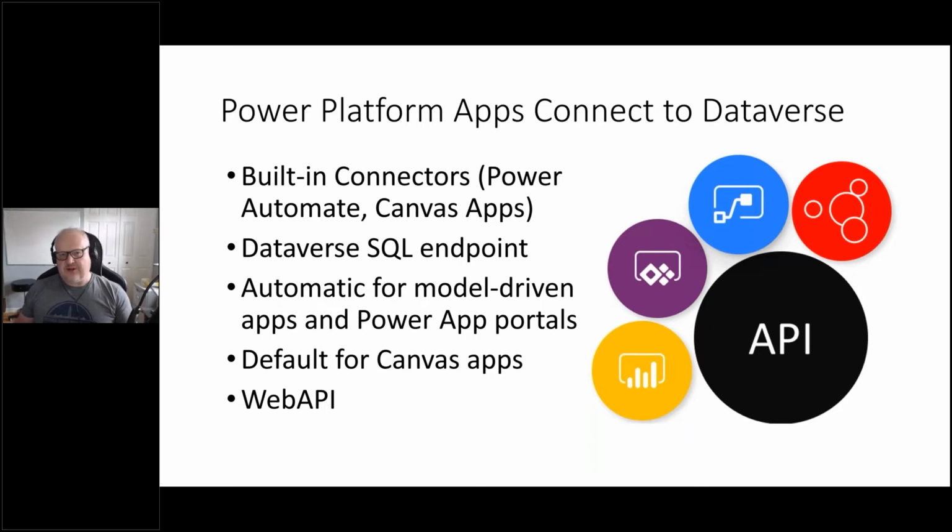You can't do inserts or updates at this time, but you can access it using the T-SQL language. If we're building a model-driven app or we're building a portal, Dataverse is the default data store for those particular Power Apps. It is the default for Canvas apps, but again, like I mentioned, Canvas apps can use different types of connectors.